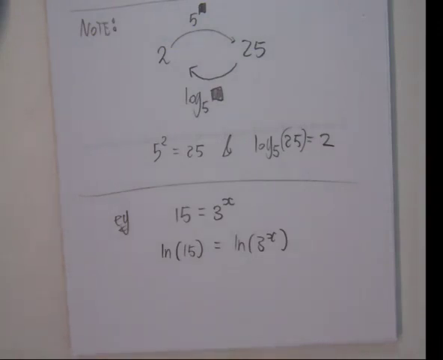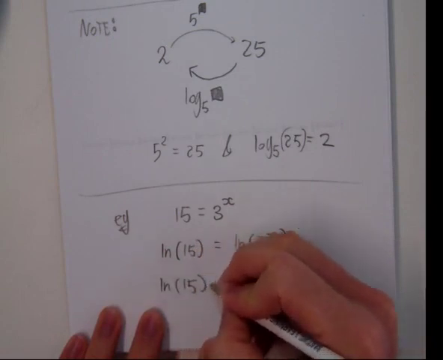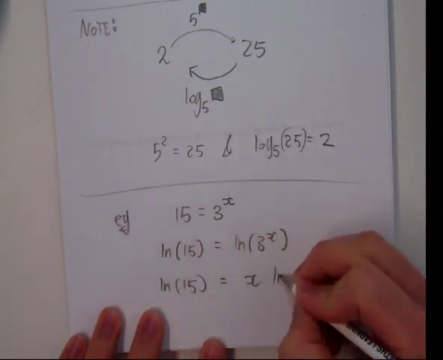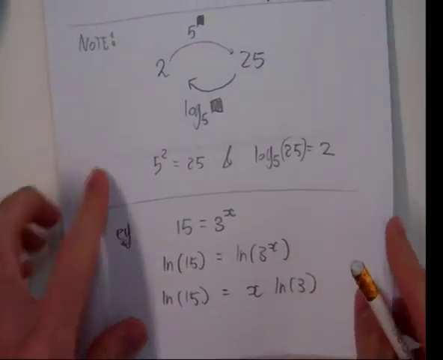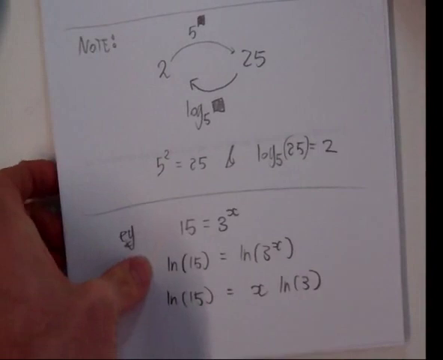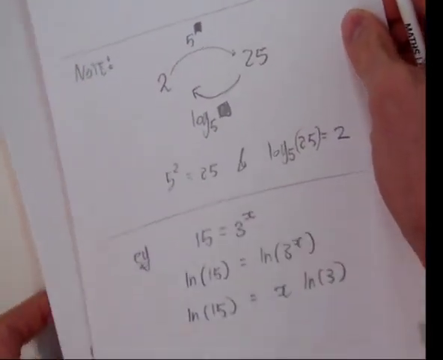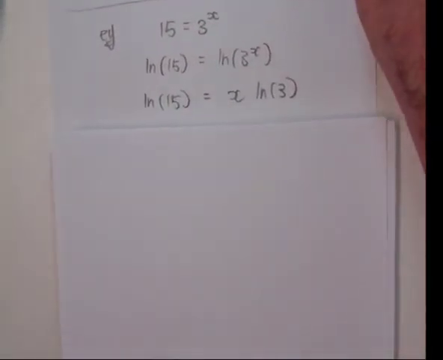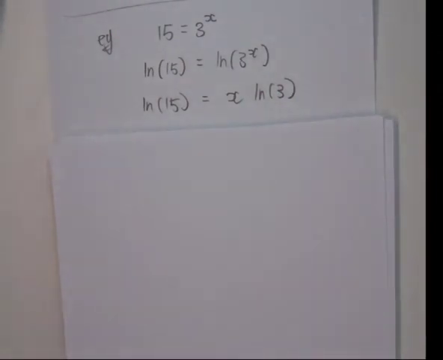The laws of logs say that if you have a power inside, it can come out the front as a multiplication. And then ln3 is just a number. I don't know what it is. It's about, I don't know, 1 point something.